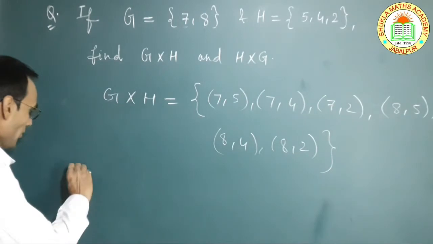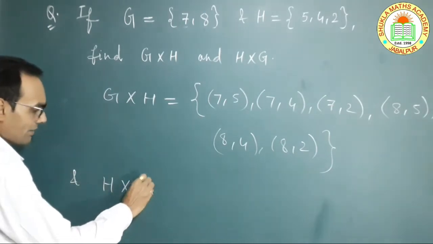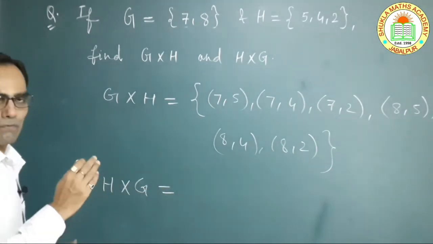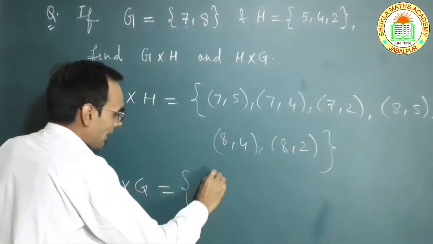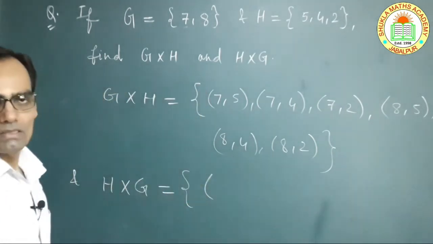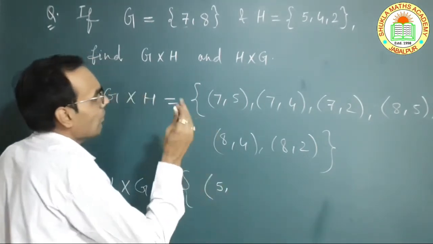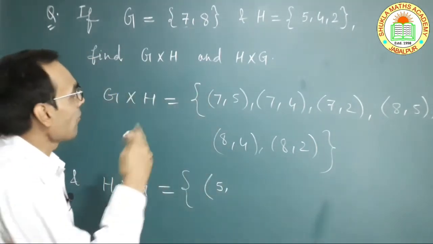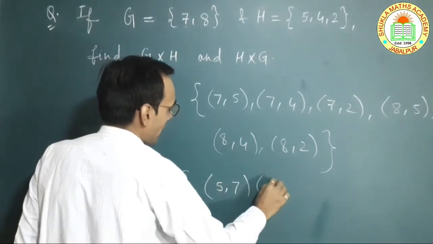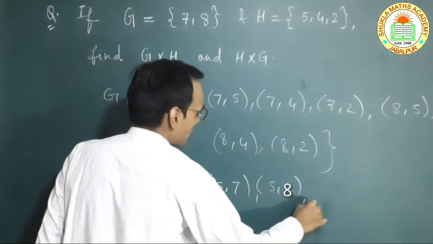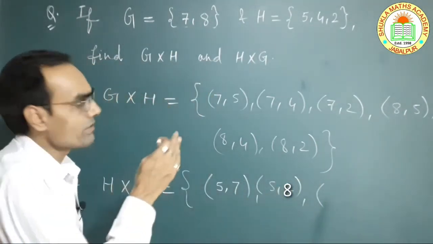And similarly, we can easily find the H cross G. So take the first element of the set H, that is 5. So make the pair 5 with other elements of G one by one. So (5, 7) and (5, 8), right? And now second element of H is 4.